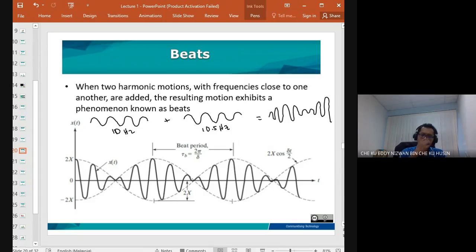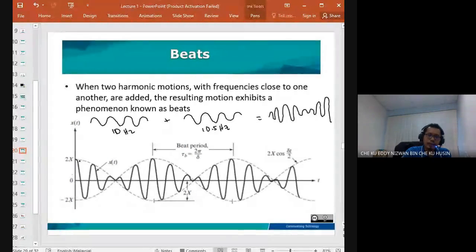So you can create the beats phenomenon. The closer the difference, for example 10.1, the greater the beats period. This can create high vibration because it can amplify up to twice its amplitude.